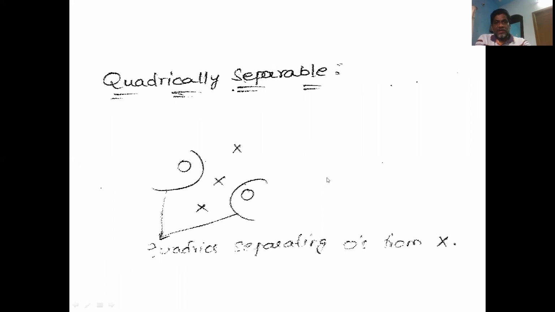And the more complex problems can use these quadrically separable output spaces. Assume that these are the output labels X and these are the output labels O. It's not even possible to draw a straight line, or you cannot use a spherical shape to separate these also. Then in such a case, what you can do is use quadrics to separate the output patterns like this.